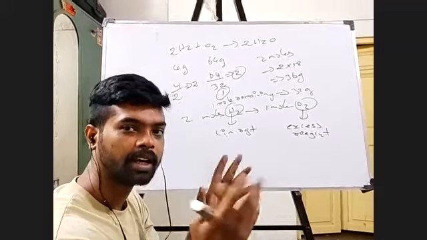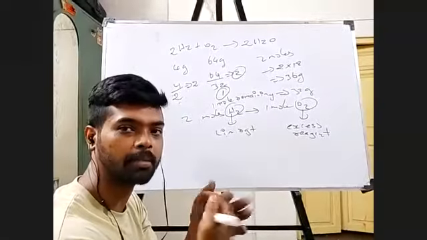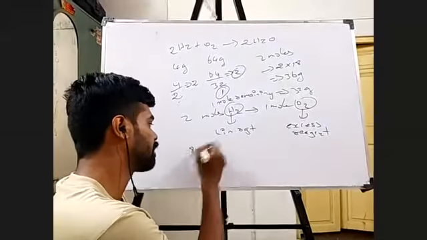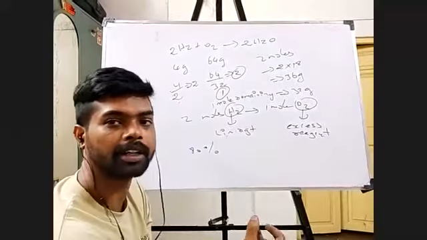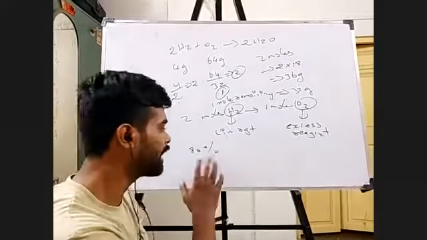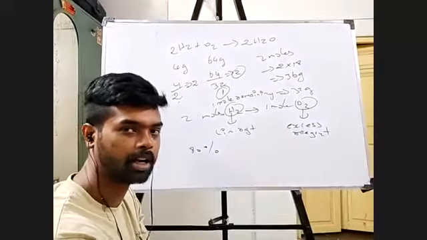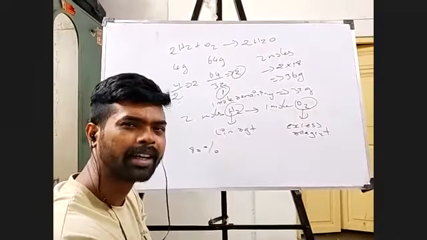Say now in this case, for example, I tell you that it is not 100% completed, it is only 80% completed. They say the yield of the reaction is only 80%, not 100%. That means what? It's very simple.